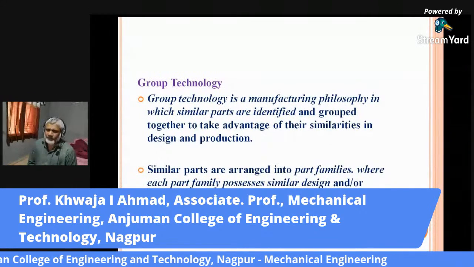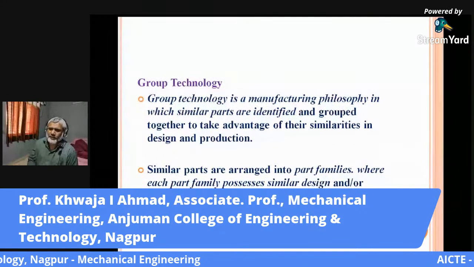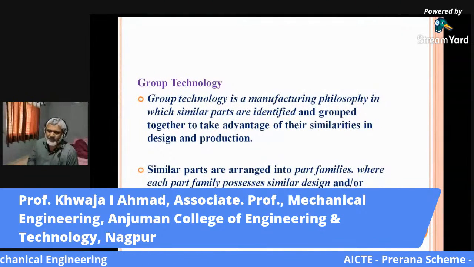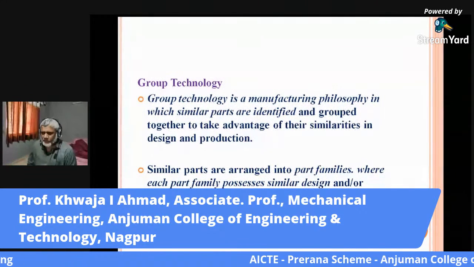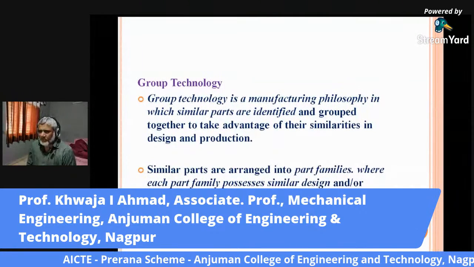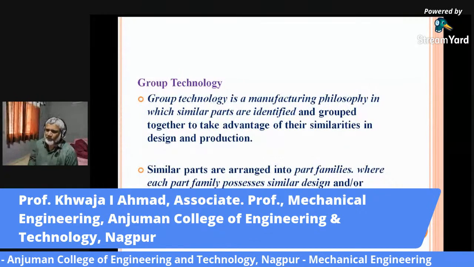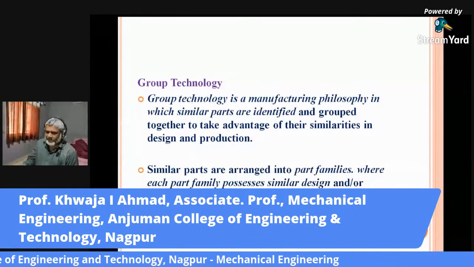So that is group technology, where different types of parts are grouped together on the basis of either design or their production process. Similar parts then are arranged into part families where each part family possesses similar design or manufacturing characteristics.